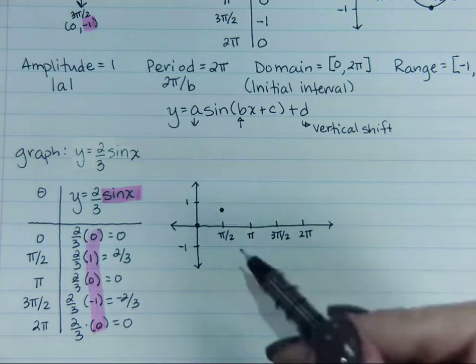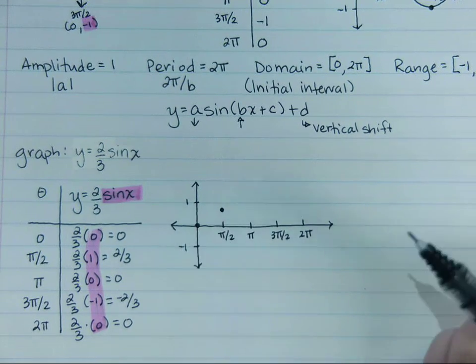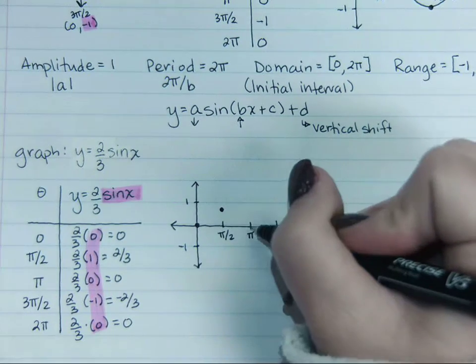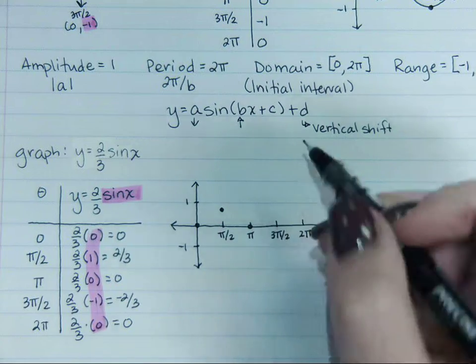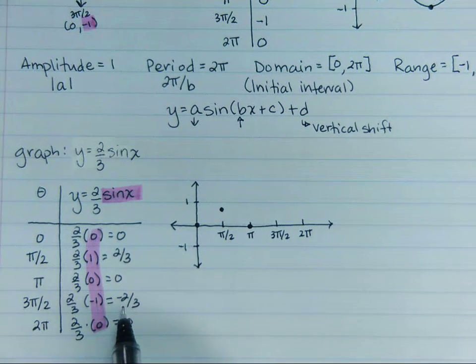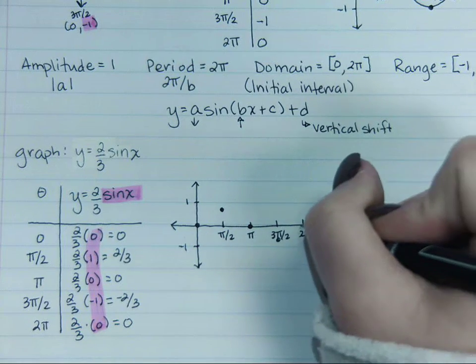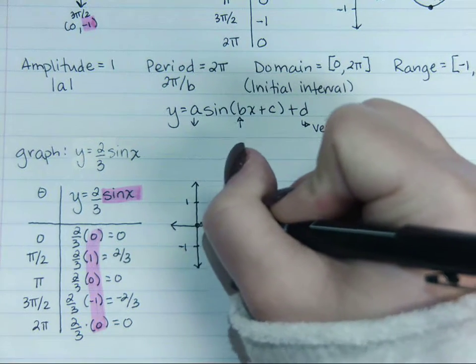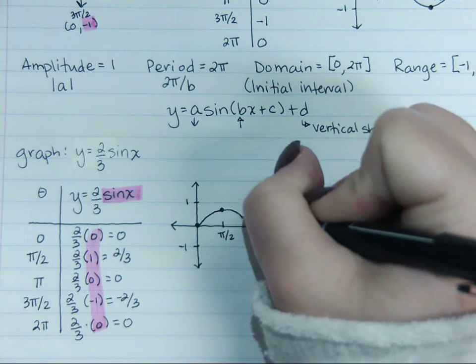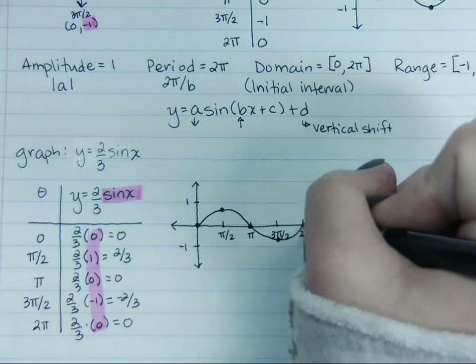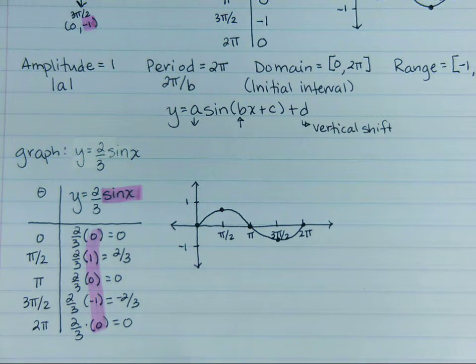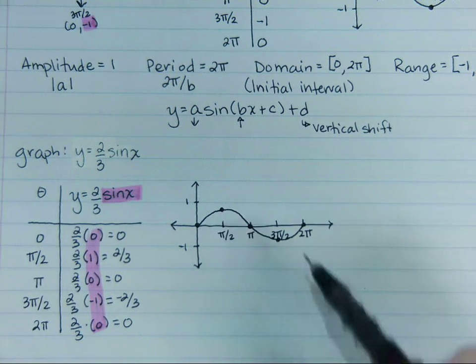All right, it's not all the way up to 1, so it's about 2/3 of the way up. And then at pi, I'm back down to 0. At 3 pi over 2, I want to go 2/3 of the way down, and then back here again. And so my graph is going to look almost the exact same. The only difference is that it's a little bit lower.